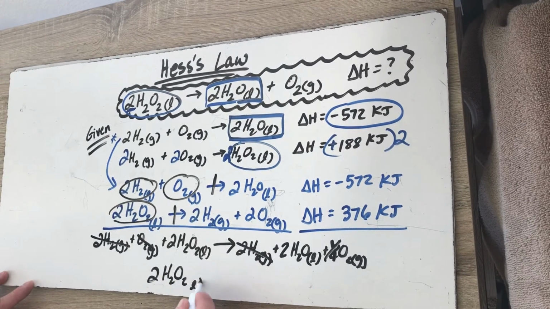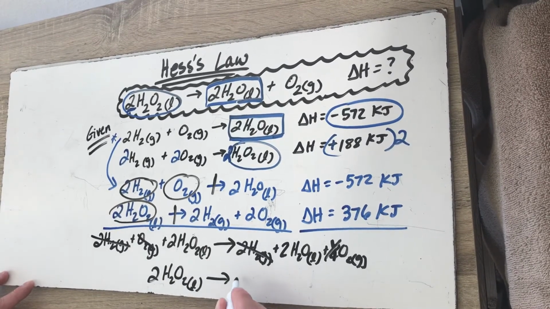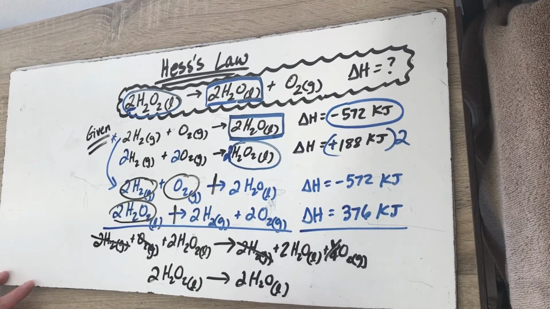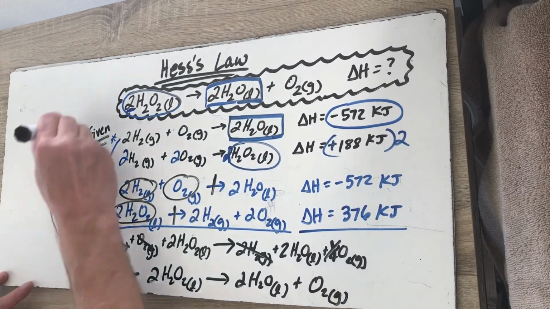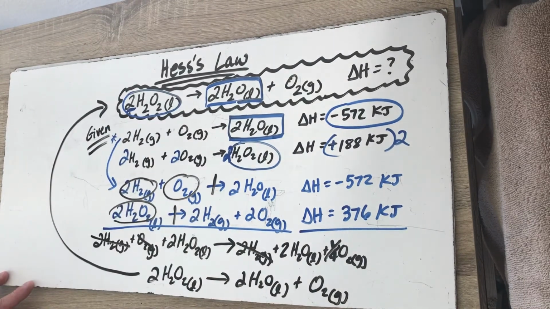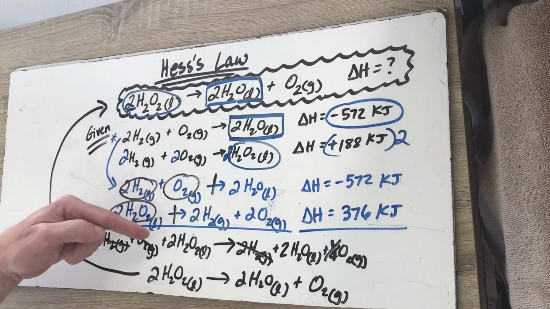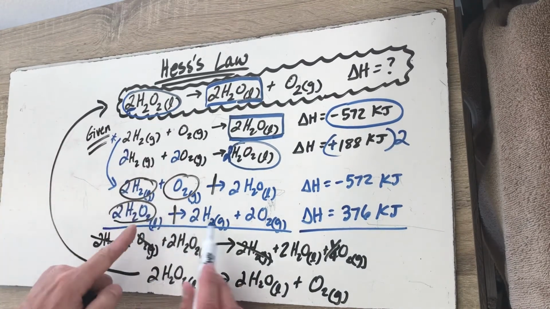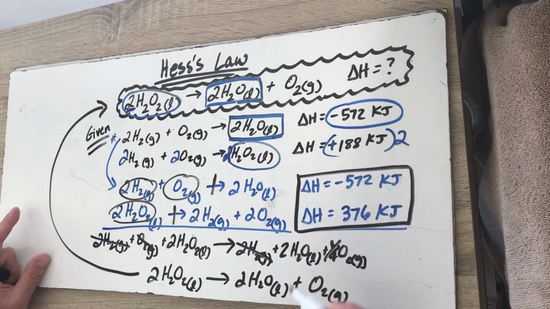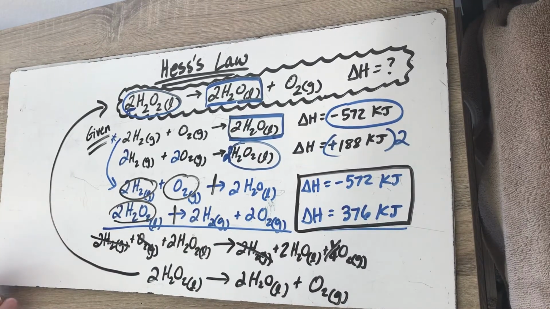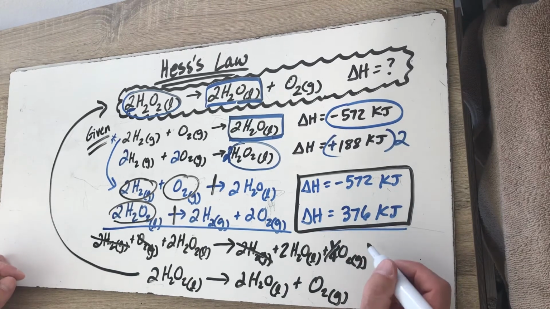2H2O2 decomposes into 2 waters and 1 oxygen gas molecule. I have the target reaction I was looking for. Now the whole purpose in that is if I made the right transformations along the way, doubling this and flipping it around, as long as I did the same thing to the energy values, so they're reflective of what's really going on, then all I have to do is add those together.